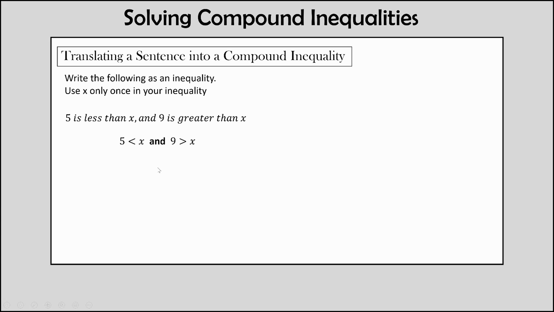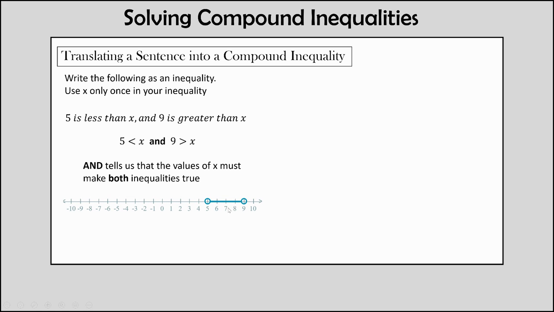So here's the way we look at it. And tells us that the only values of x that are true are the ones that make them both true. If you think of a number line, what are the numbers where x is greater than 5 and also less than 9? If you looked at it, it looks something like this, right?